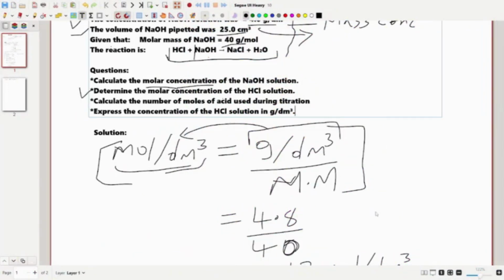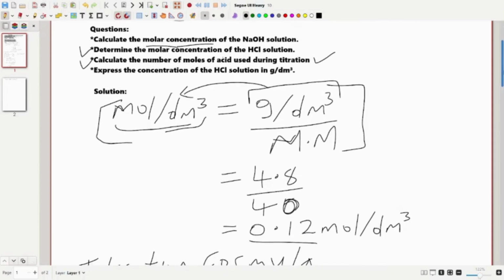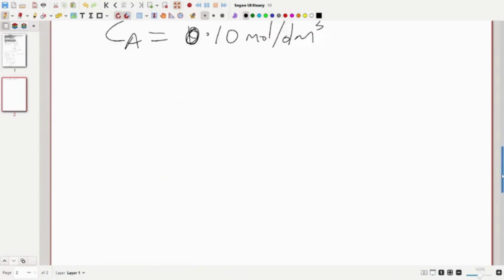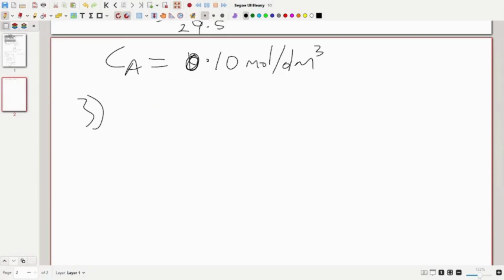For the third question, calculate the number of moles of acid used during titration. To answer questions like this, you need an expression that can help you calculate mole, and the mole formula would involve using concentration. The best one would be n, the number of moles, equals concentration times volume of the acid used over 1000.